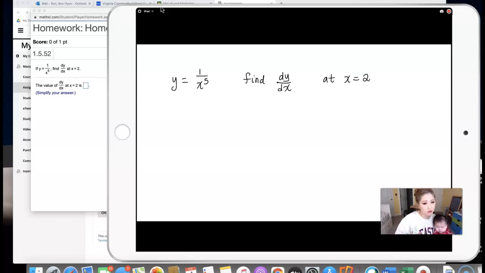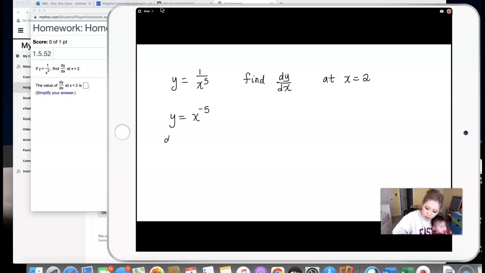So let's find the derivative and plug in x equals 2. So we're finding the slope of the tangent line at x equals 2. So dy dx, well, first let me rewrite this 1 over x to the 5th power, which is x to the negative 5th power. And we can use the power rule this time.